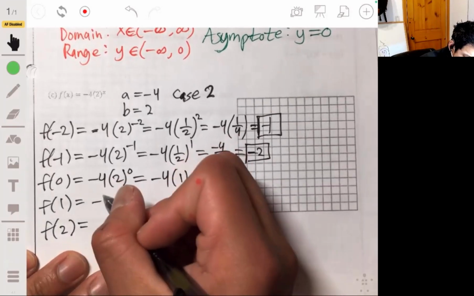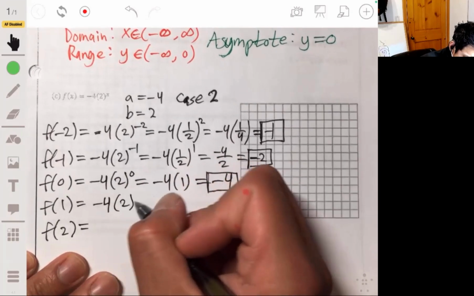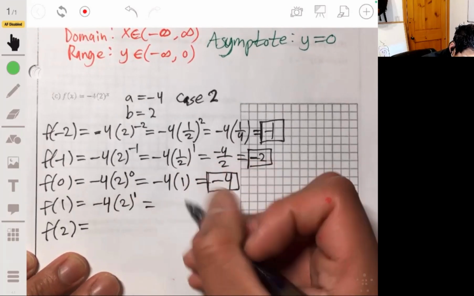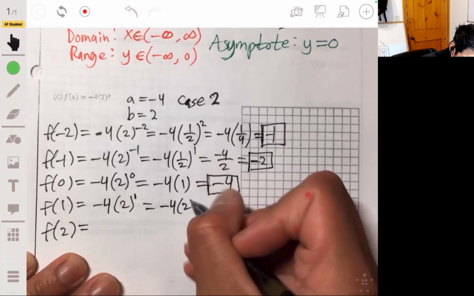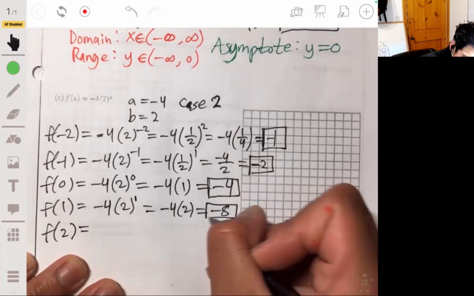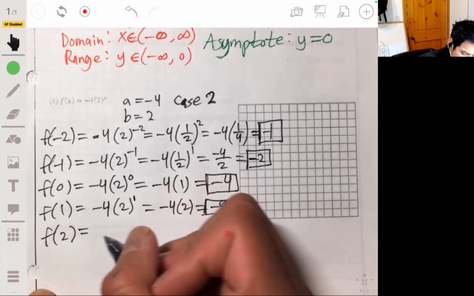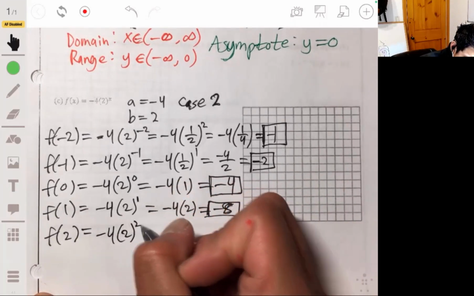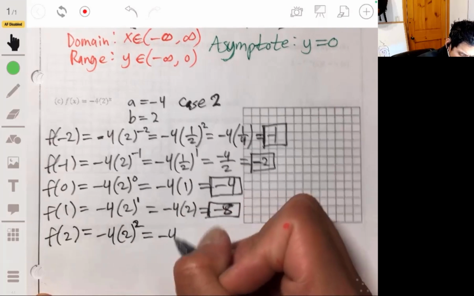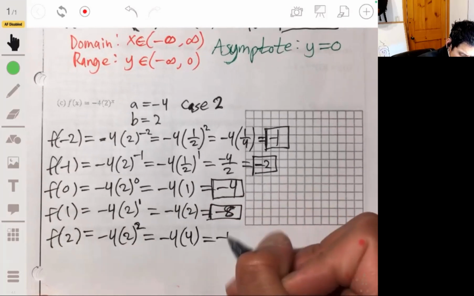F of 1 equals -4 times 2 to the 1, or just -4 times 2, -8. And f of 2 will be -4 times 2 to the 2, or -4 times 4, which will be -16.